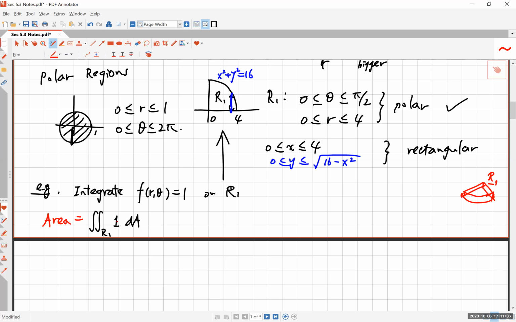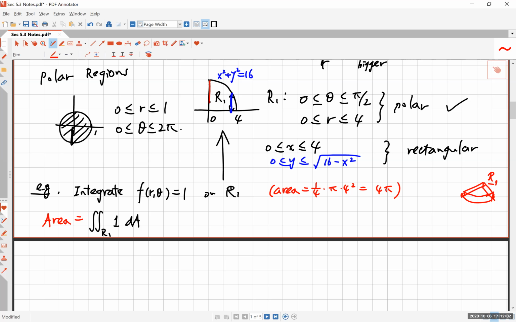Because when you integrate just 1, you just get the double integral of dA over the region. And by definition, that is the area of the circle. So you know the area. The area is 1/4 times pi r squared, right? And so this is 16 pi divided by 4. 4 pi should be the answer, all right?